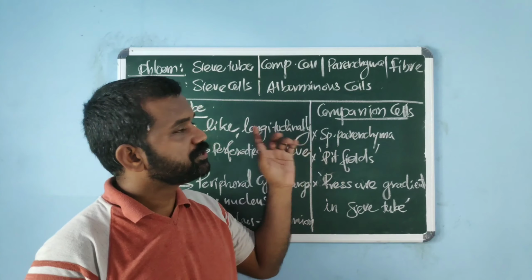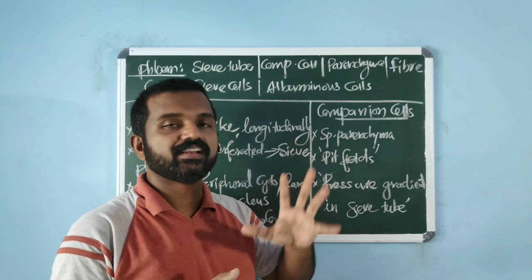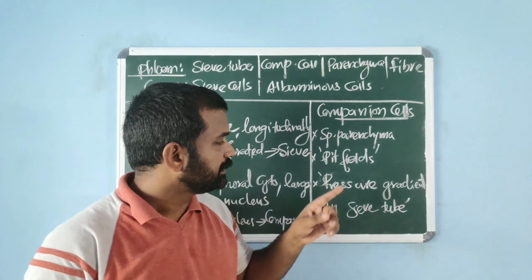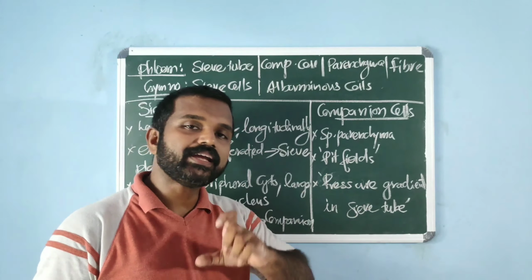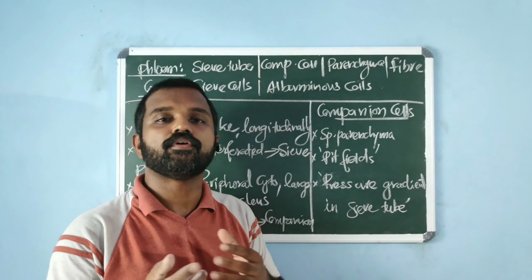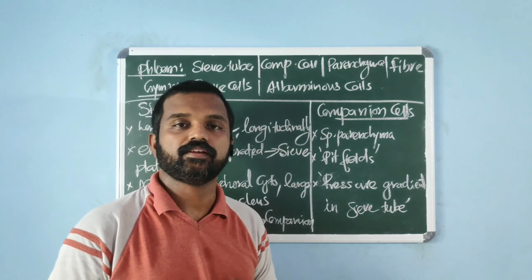The sieve tube and companion cells are connected by pit fields present in the common longitudinal walls. They help to maintain the pressure gradient in the sieve tube, which is necessary for the functioning of the sieve tube, that is transport of food material.